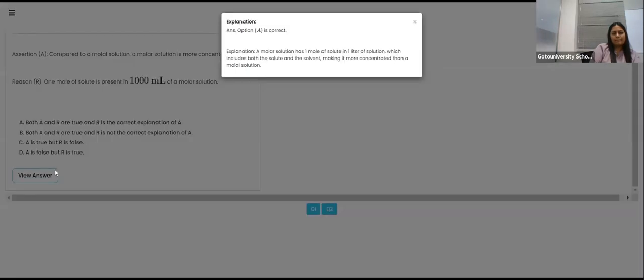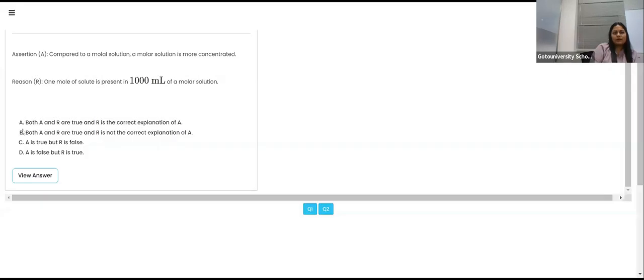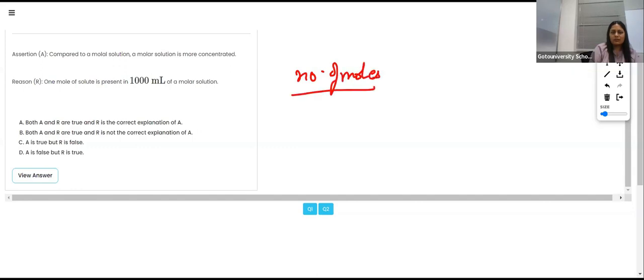Yes, so it is correct. If we compare, the molar solution is more concentrated because solute is present in 1000 ml of molar solution. So don't get confused here about 1000 ml. The formula for molarity is number of moles present per liter of solution, that is volume of solution taken in liters.